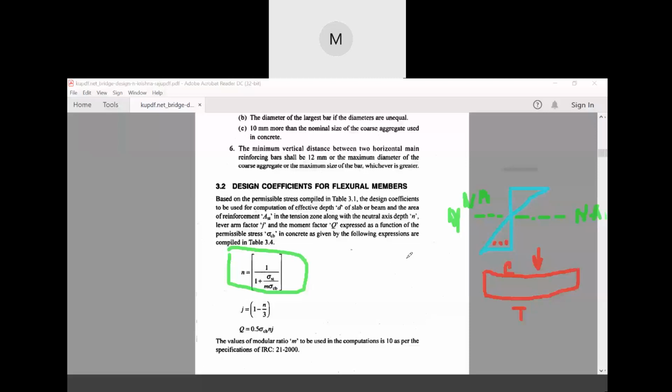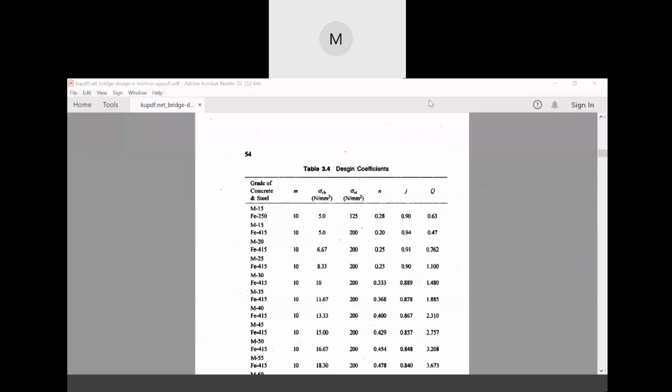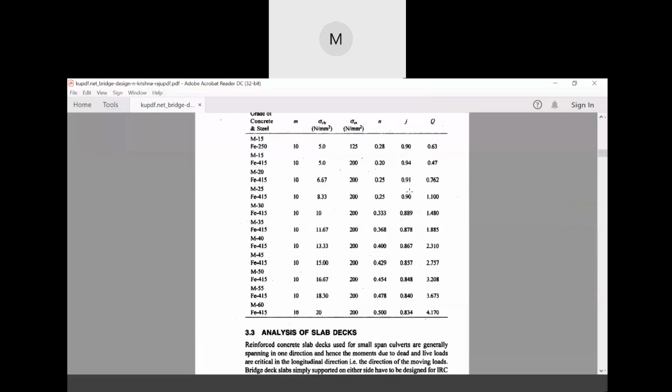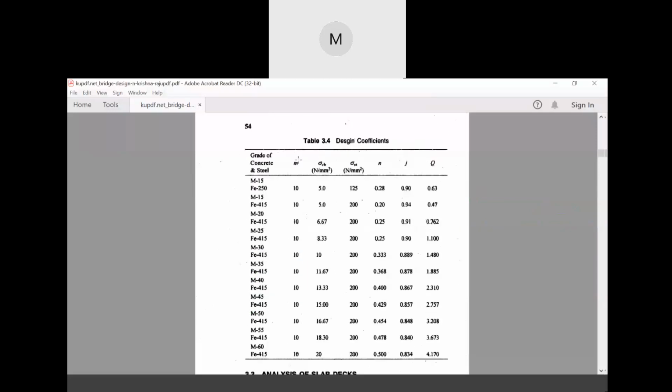Can anyone tell me? Can you find out? Look, we'll go to the next table. So this is a very important table. No, no, not the code. I thought that you guys have bought the book.